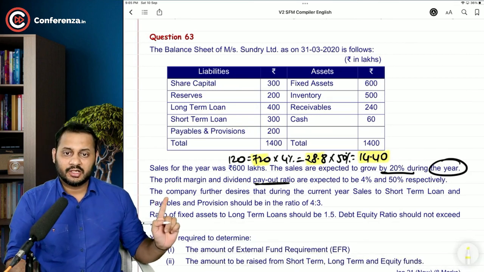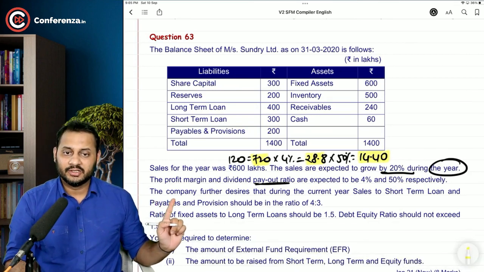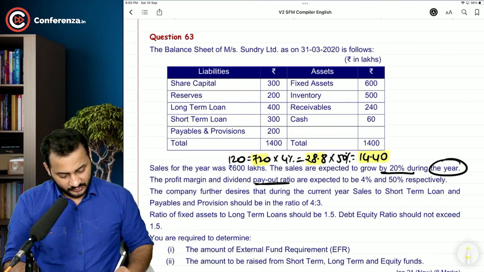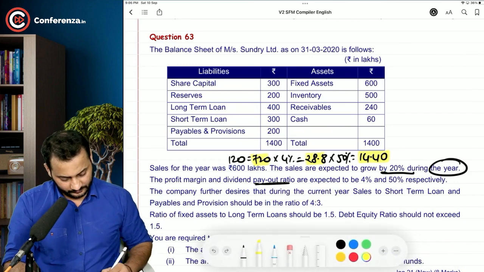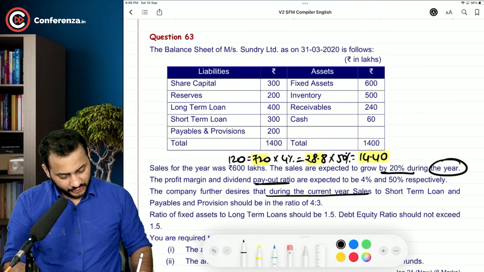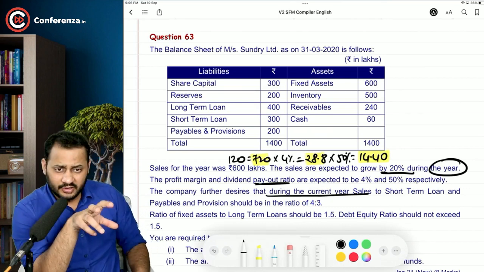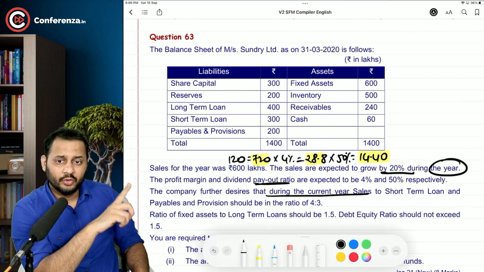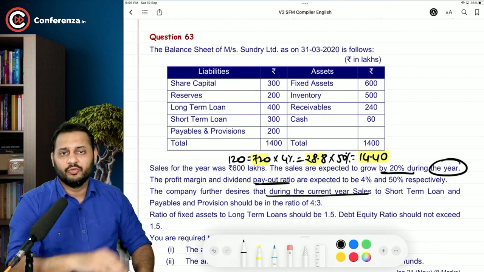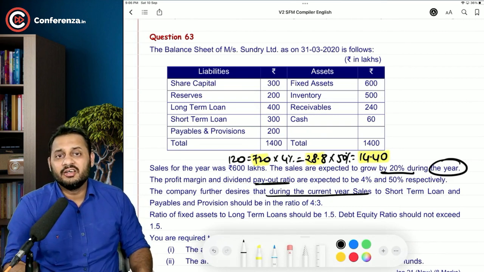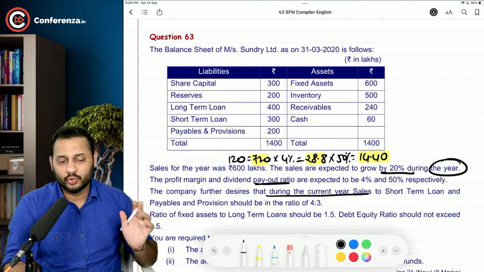The company further desires that current year sales to short-term loan and payables and provision should be in the ratio of 4:3. Current year means 600 lakhs only.